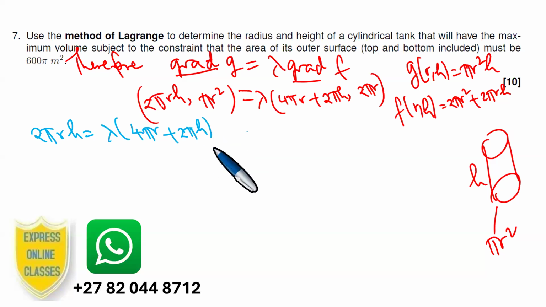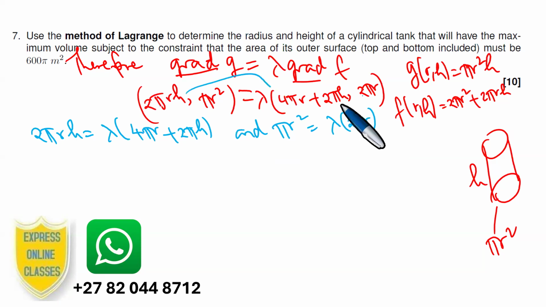And pi r squared is lambda times 2 pi r. So the first component you equate to the first, and the second component is equated to the second component, just like that. At this point, we have exactly that.